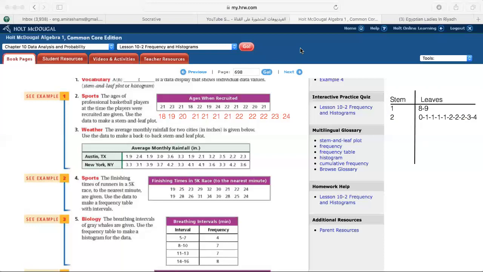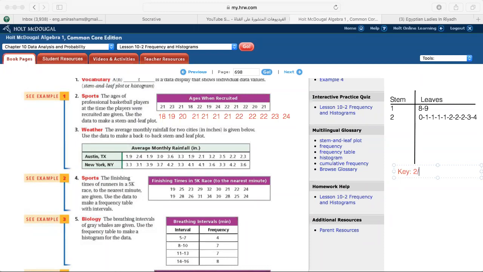Okay, girls, leave for me the key. I want to write the key. I will choose 2 dash.